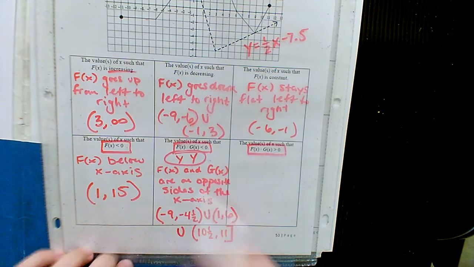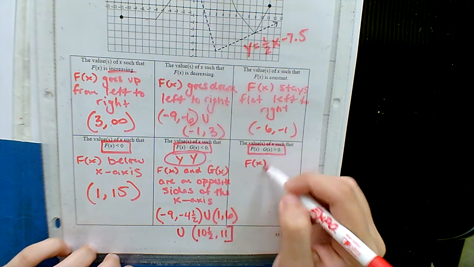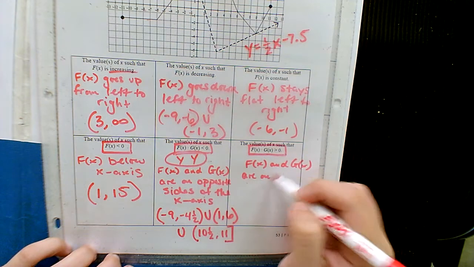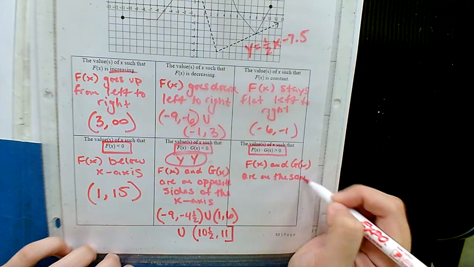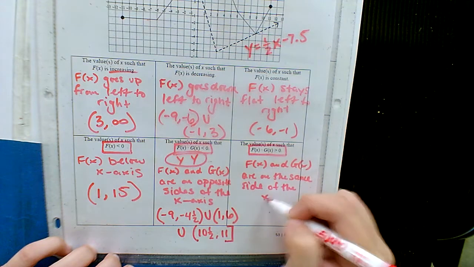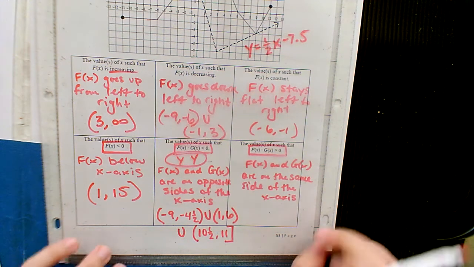So f of x, g of x, whatever you want to call it, those represent y values. We need the y values to both be positive, meaning above the x-axis, or both be negative, meaning below. So it looks like f of x and g of x are on the same side of the x-axis. They're either both above it or both below it. So we're going to see where that might happen.